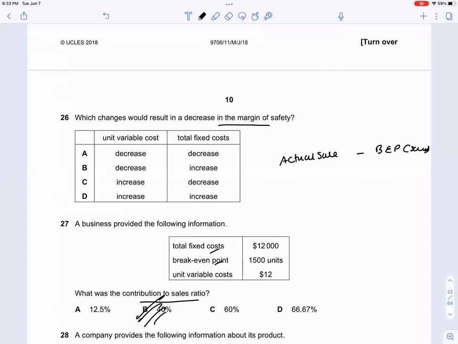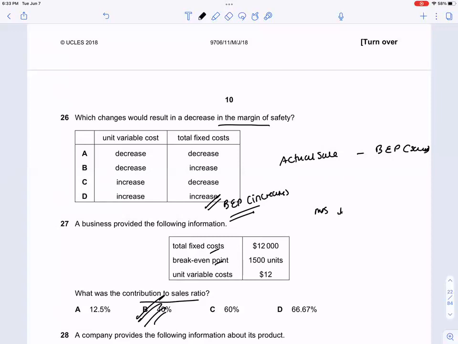It will be D, increase and increase. If the total fixed cost will increase, the break-even point will increase. If the break-even point will increase, that means the margin of safety will decrease.